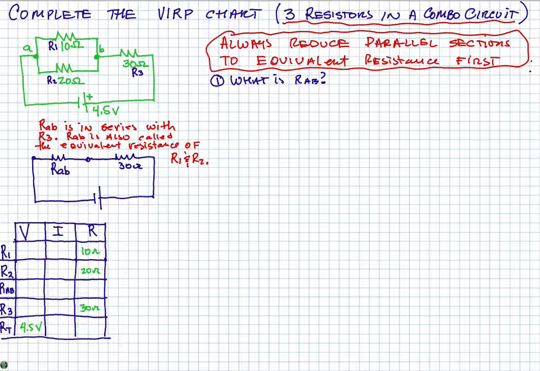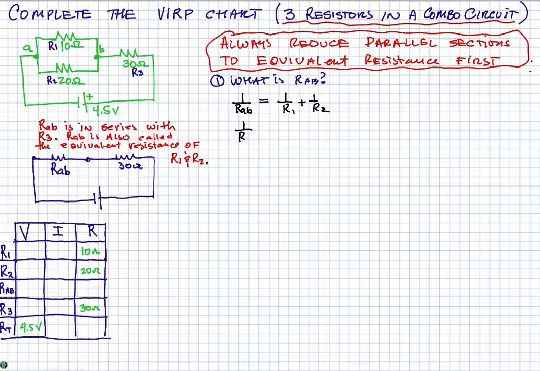Okay. So since I know R1 and R2 are in parallel with one another, I need to use the parallel rule. So that would be the equivalent, 1 over the equivalent resistance, 1 over RAB, is equal to 1 over R1 plus 1 over R2. R1 and R2 are in parallel. So if I want to know the total resistance, I need to use that formula.